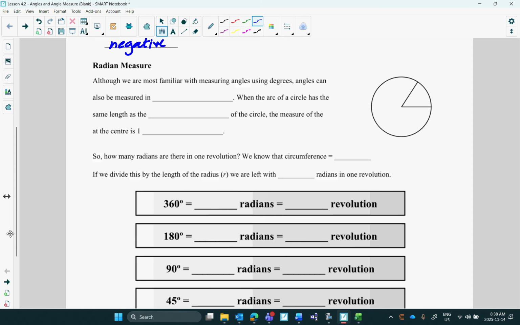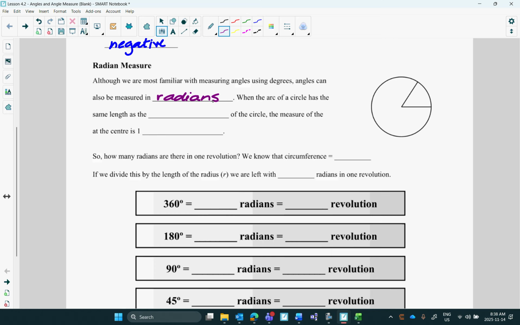All right. So angles can also be measured in radians. And how much is 1 radian? Well, we need a circle to do this. Okay, so if we put an angle inside a circle, 1 radian would be if the radius of the circle is 1.